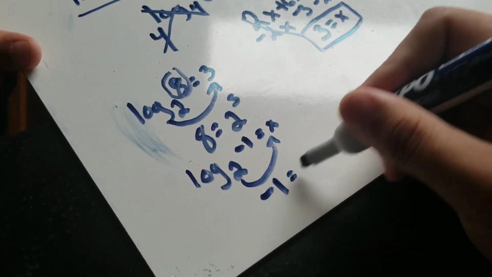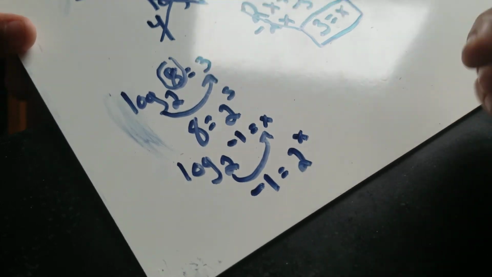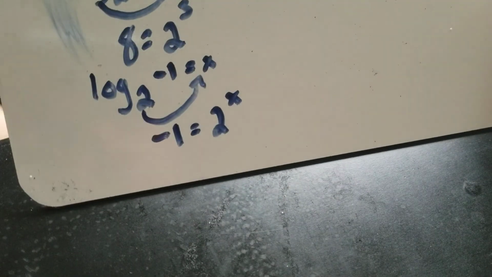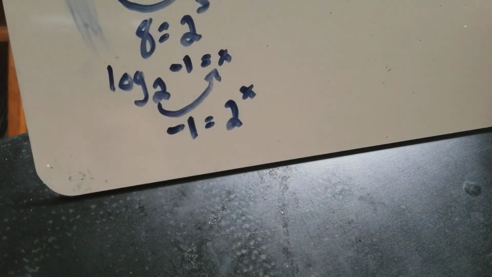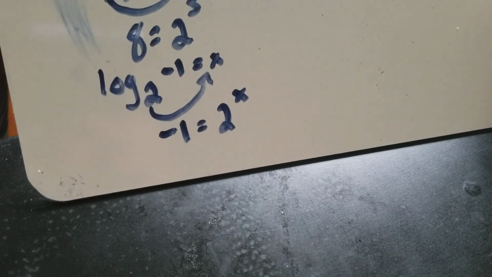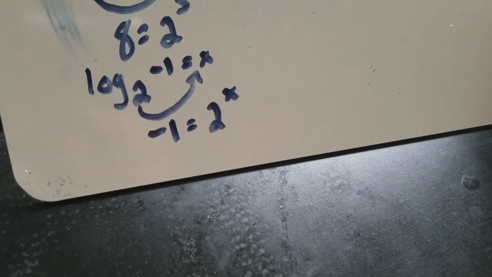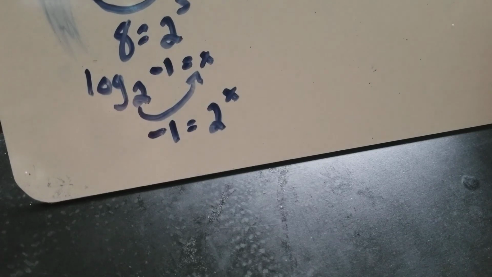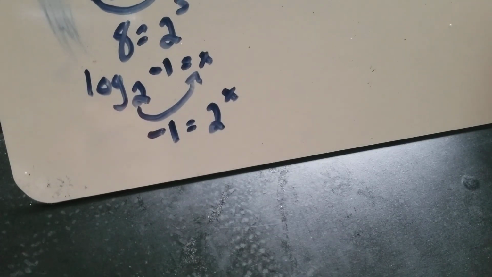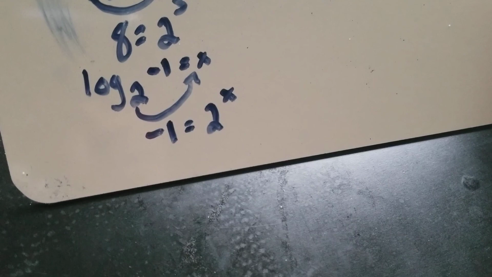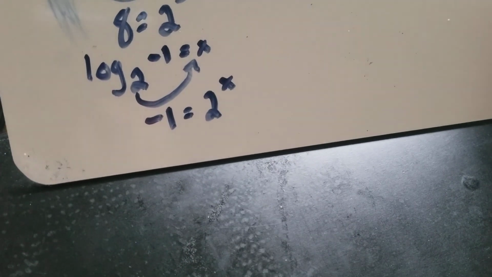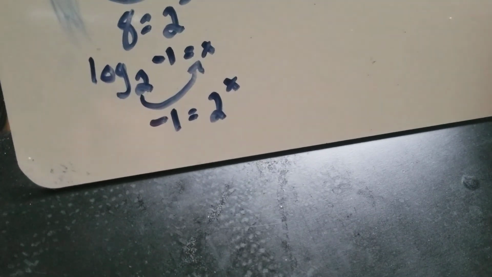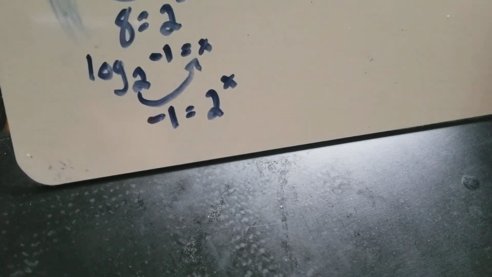Negative 1 equals 2 to the x power. Now, here's my issue. No matter how many 2's I multiply into it, no matter if I cut it in half, double it, triple it, quadruple it, I can never get negative 1. That can never happen. So I have a big issue here. Wait a second. This is impossible.